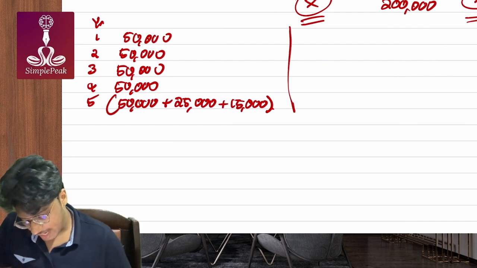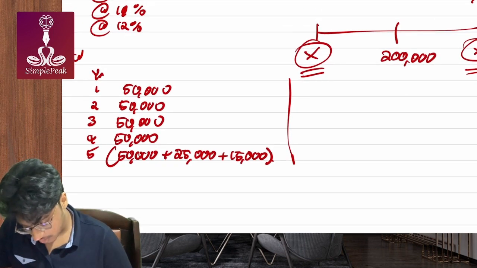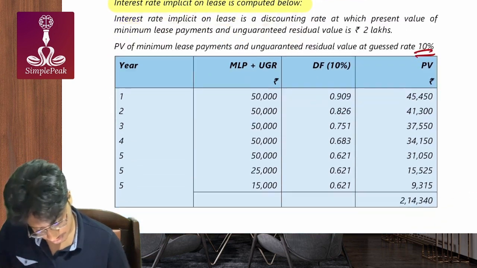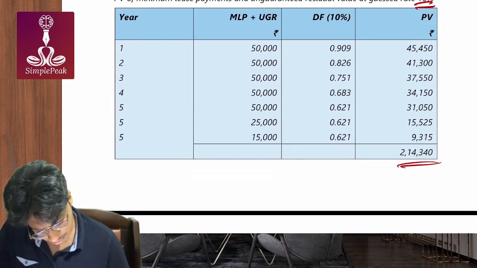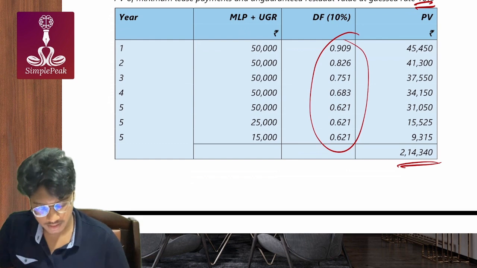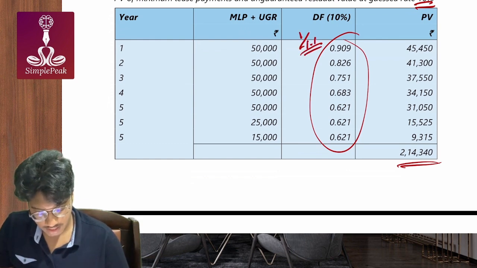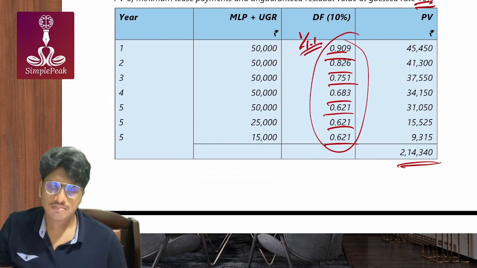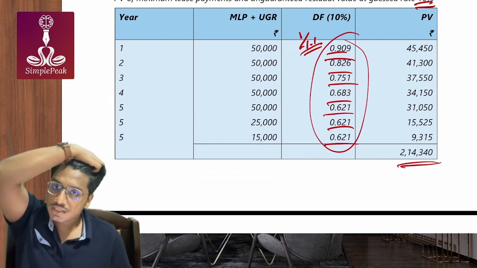At 10 percent, you have to compute that. I'm not going into much depth. They have taken 10 percent and computed the present value using the discounting factor 1 divided by 1.1. Normally the question gives you the rate, but even if it doesn't, you can compute it.